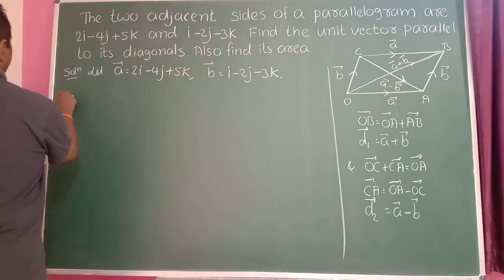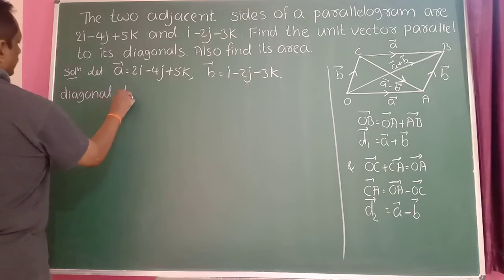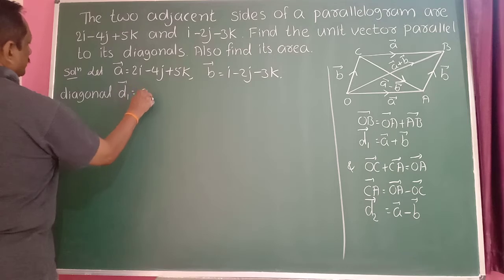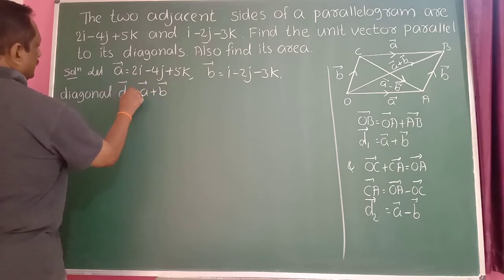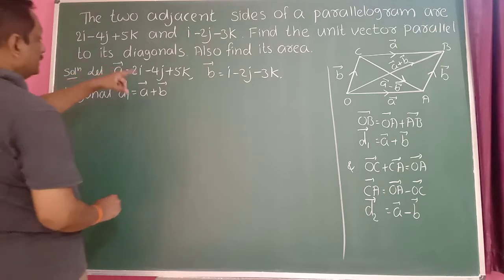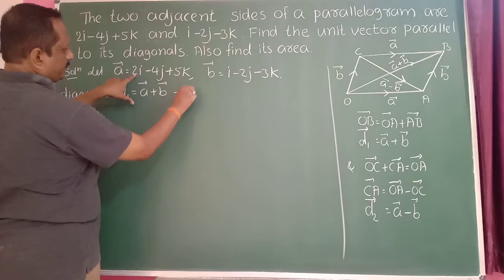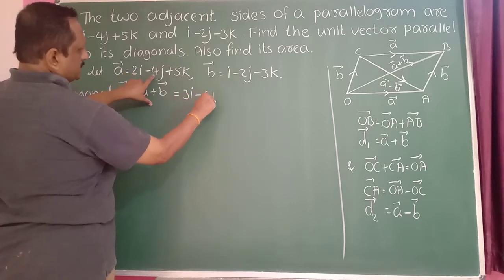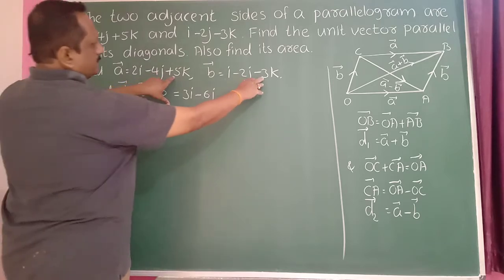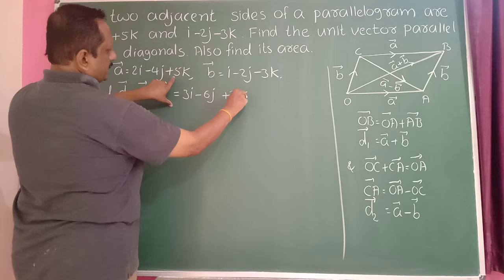Therefore, diagonal D1 is equal to A bar plus B bar. So this is the first diagonal, the sum of these vectors. 2i plus i becomes 3i, minus 4j minus 2j is minus 6j, 5k minus 3k is 2k.